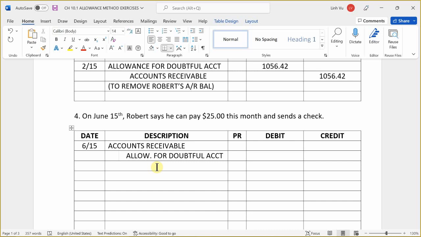That's where the credit balance derives from as well, when people can pay, when they told us they weren't. So you're going to transfer the 1056.42, and then now we can go ahead and record the payment.